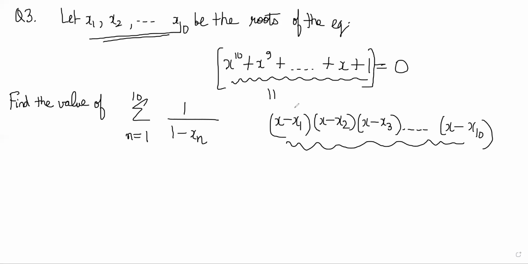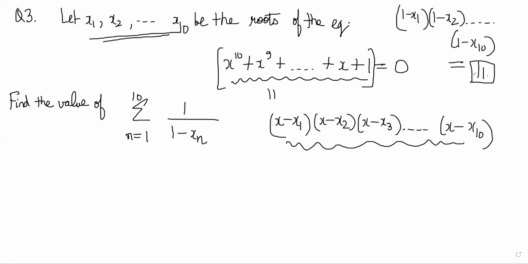Now here, if you had put x is equal to 1 on both sides, you would have gotten the value of what? 1 minus x1 into and so on, would have been equal to 1 plus 1 till here, right? So basically 11, right?